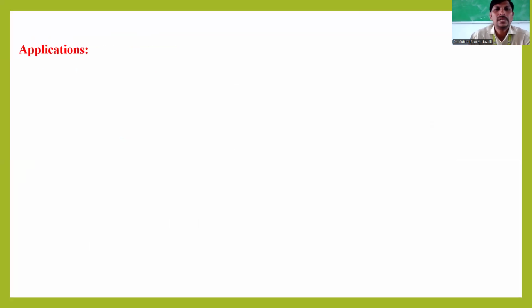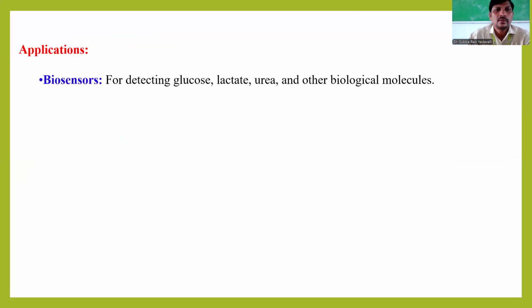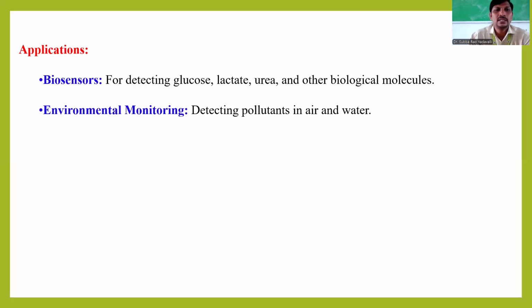Next one, applications of amperometric sensors. Applications in biosensors for detecting glucose, lactate, urea, and other biological molecules. Applications in environmental monitoring for detecting pollutants in air and water. So we can detect the pollutants in water and also air.